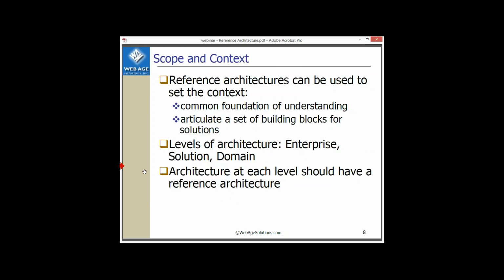And one thing I want to mention here too is what I've seen from many organizations: when we talk about context, it's not always just the case that you're looking to have reference architecture to give you guidance on how to create a specific solution.